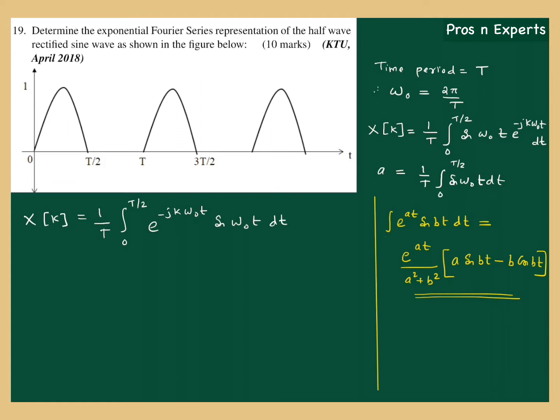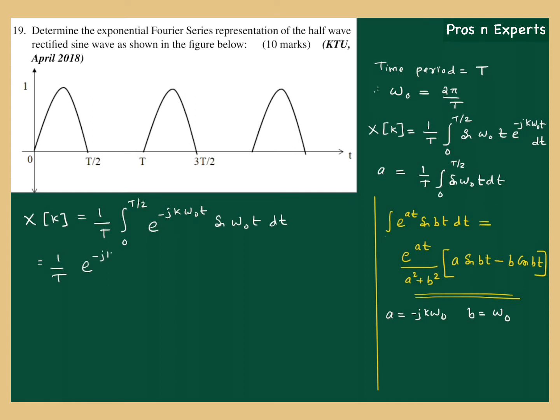So I can write here, in our integral, a is equal to minus jk omega 0 and b is equal to omega 0. With the help of this expression, I can rewrite this as 1 by T into integral 0 to T by 2 of e raised to minus jk omega 0 t into sine omega 0 t dt, which becomes e raised to a t, where a is minus jk omega 0.